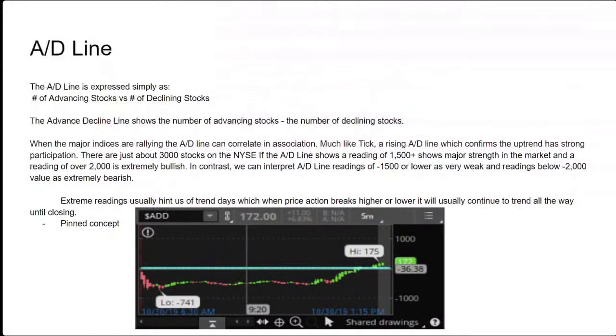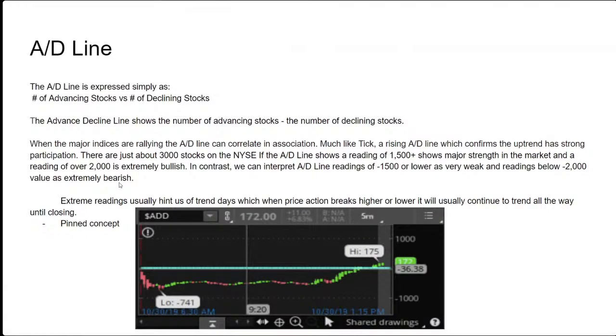So the next market internals that I want to go over is advanced decliners. The advanced decliners are basically the number of advancing stocks versus the number of declining stocks in the market.